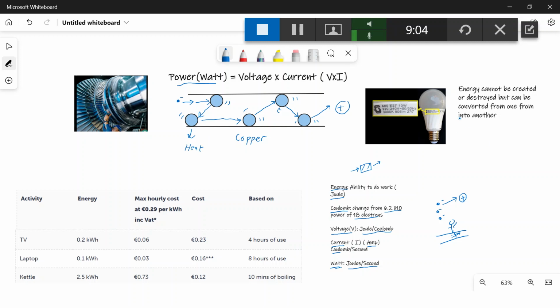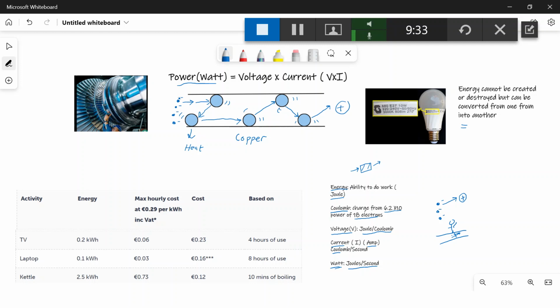So what you have happening is this principle: energy cannot be created or destroyed. It can only be converted from one form into another. So if you imagine you have this coulomb of electrons moving through the wire, being attracted towards this positive charge, they're going to bounce off the atoms inside the copper wire, cause the atoms to vibrate, and as a result give off heat.